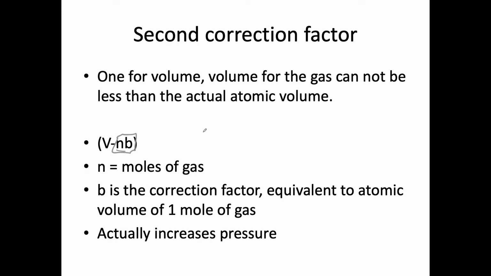And so the actual volume that the gas is in is a lot less in our container. So if you have 1 liter of gas and you cool it down, what we're going to see is an increase in pressure because the gases are not moving that much, and they actually hit the surface a lot more than they do at higher temperatures. So we actually end up with this increase in pressure.